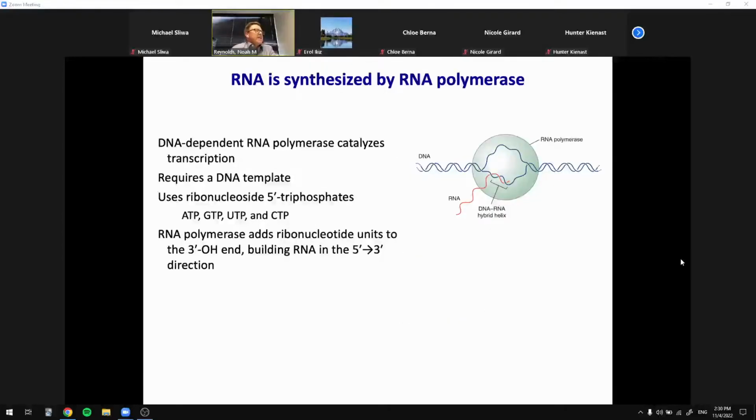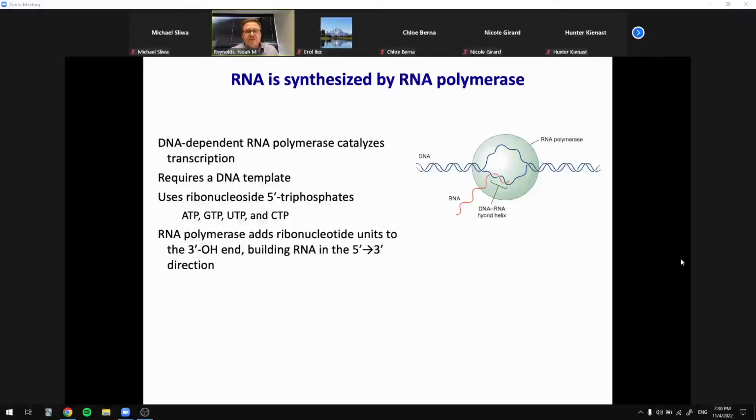And how RNA is synthesized from DNA is by RNA polymerase, right? In this case, instead of using the deoxyribonucleosides, we're going to use ribonucleosides. And again, remember the four we use: A, G, C, and U. But just like DNA polymerase, the enzyme goes in the 5' to 3' direction. So it's always going to take the 5' phosphate and put it on the 3' OH.